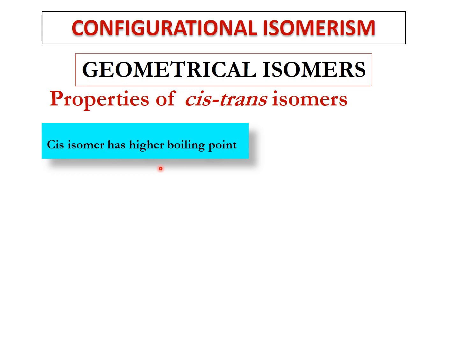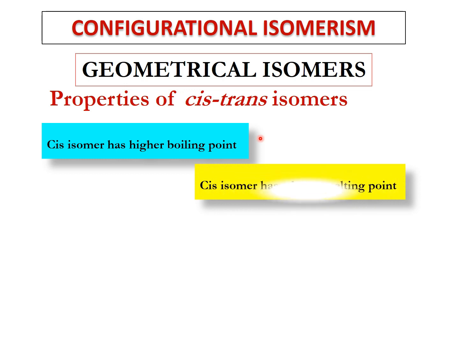So that is why the cis isomers have a higher boiling point as compared to that of the trans isomer, which have groups on opposite sides, so the dipole moments cancel out, and that is why they have a lower boiling point, lower dipole-dipole interactions, and it is easier for the molecules to get separated.